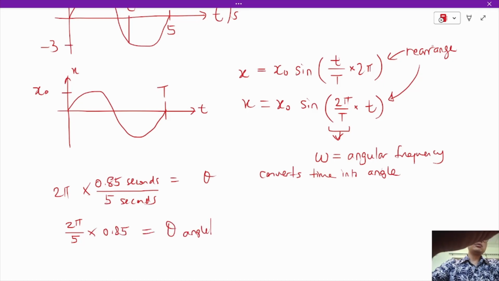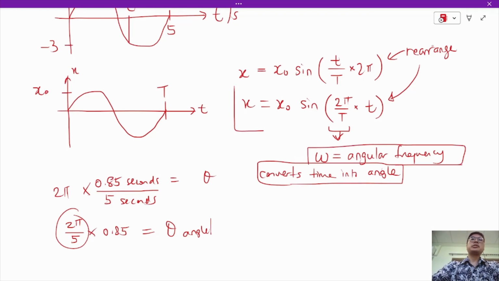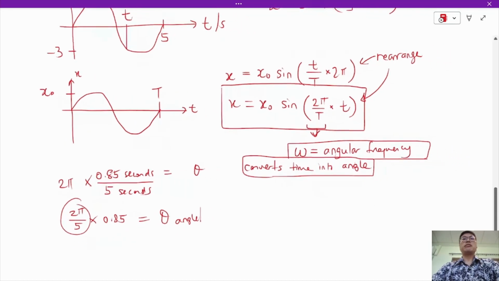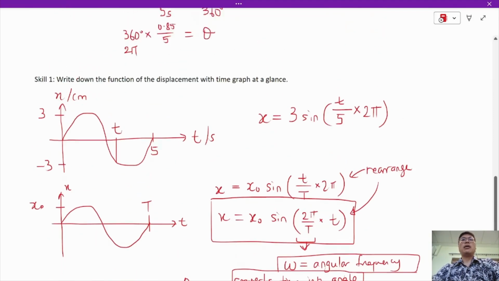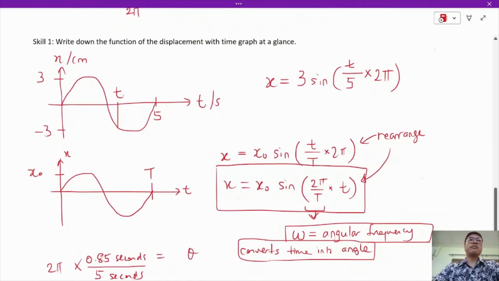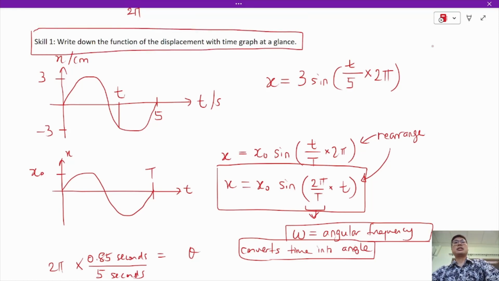So omega is the conversion factor that converts time into angle for simple harmonic motion. In general, this is the equation for a simple harmonic motion. This first part of the lecture is about how you write down the function of the displacement with time of a simple harmonic oscillation at a single glance.